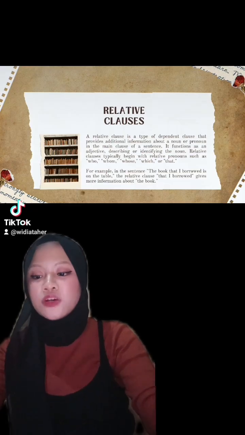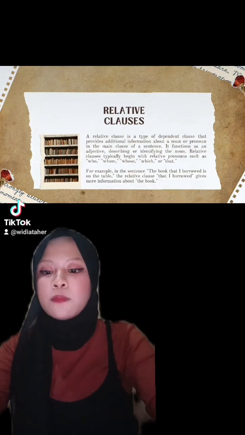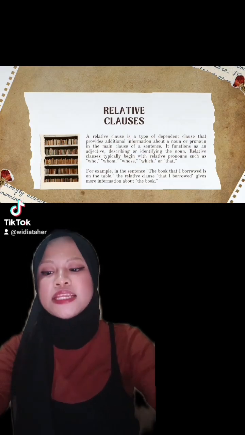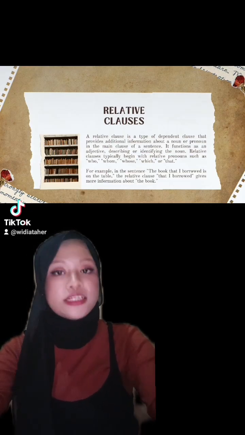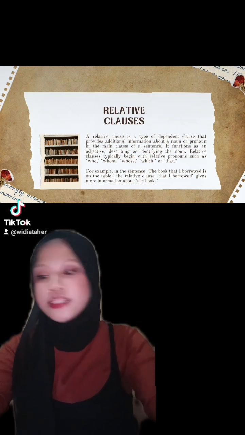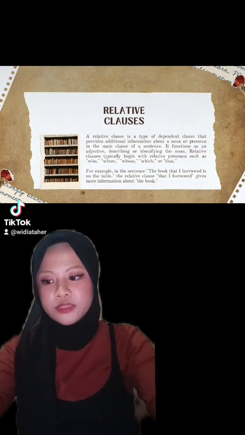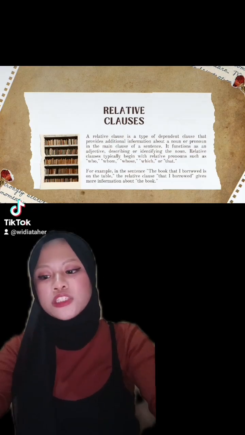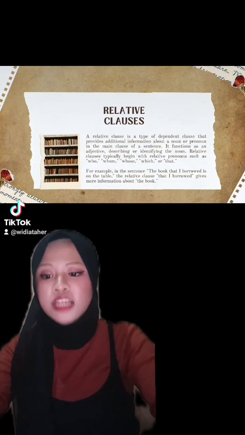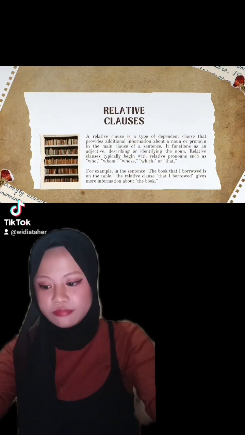A relative clause is a dependent clause that adds information about a noun or pronoun in the main clause. It acts like an adjective, helping to describe or identify the noun more specifically. A relative clause usually begins with relative pronouns, such as who, whom, which, or that.